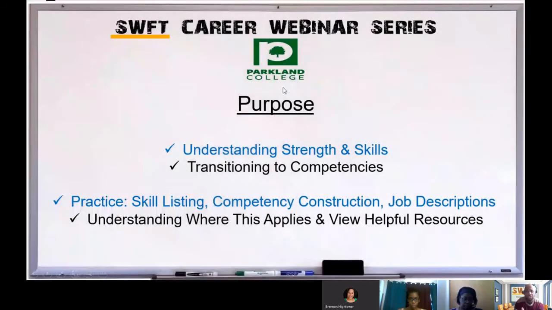The purpose is to understand strengths and skills. They're straightforward words, but when it's time to take those definitions and know what that means when we're putting it into writing on paper, it gets a little bit different. Sometimes we can find ourselves struggling to tell an employer who may be reading our resume what it is we do best.